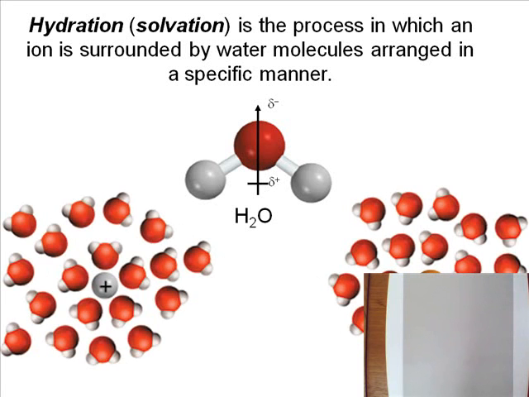What you see on the left side is all the red with the small white attachments. That's water. The red is the oxygen, and as you can see, oxygen is polar negative. And so all the polar negative directing waters surround the positive, let's say this is Na plus, and that's the hydration.